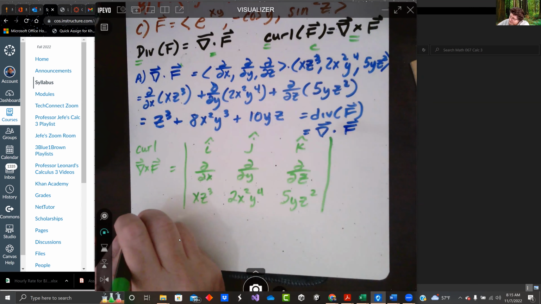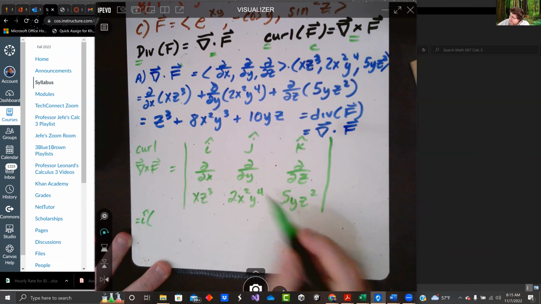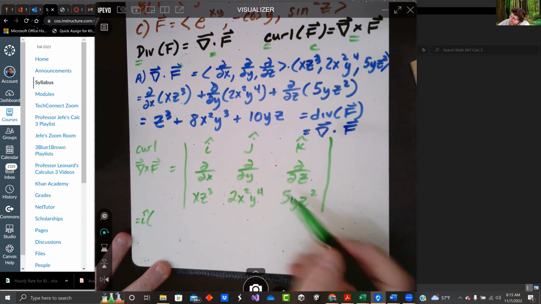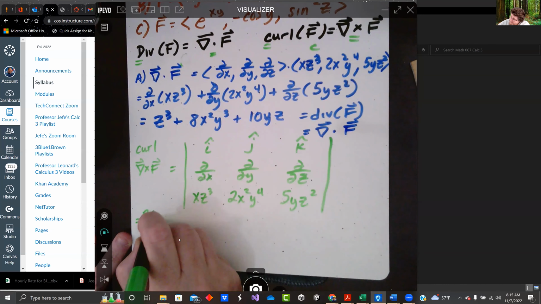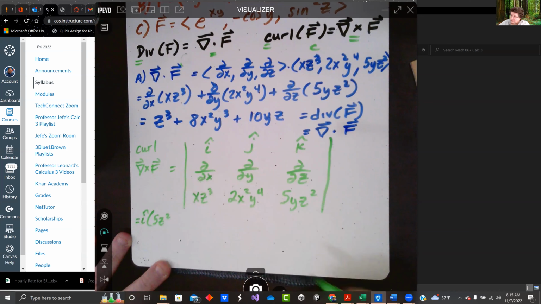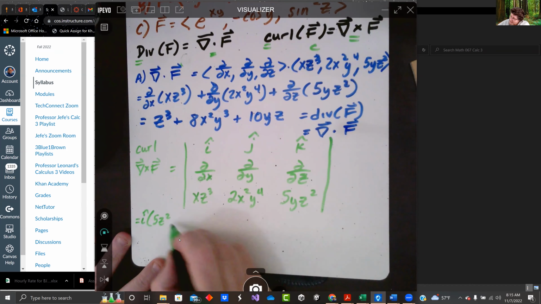All right, so I have an i component of the partial derivative of 5yz squared with respect to y, which is 5z squared. Then I'm going to subtract d/dz of 2x squared y to the fourth, which is 0.